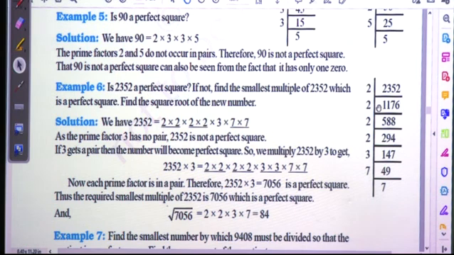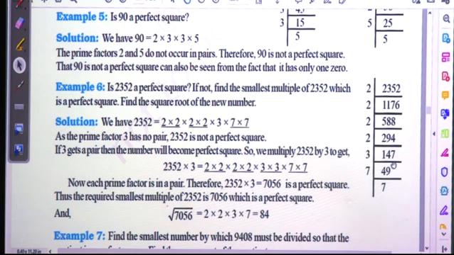Again we can divide by 2 because the number ends with an even digit. 2 fives are 10, 1 carried further, 2 eights are 16, 1 carried further, 2 8s are 16. Again 2 2s are 4, 1 carried further, 2 9s are 18, 2 4s are 8. Again by 2, 2 1s are 2, 2 4s are 8, 2 7s are 14.